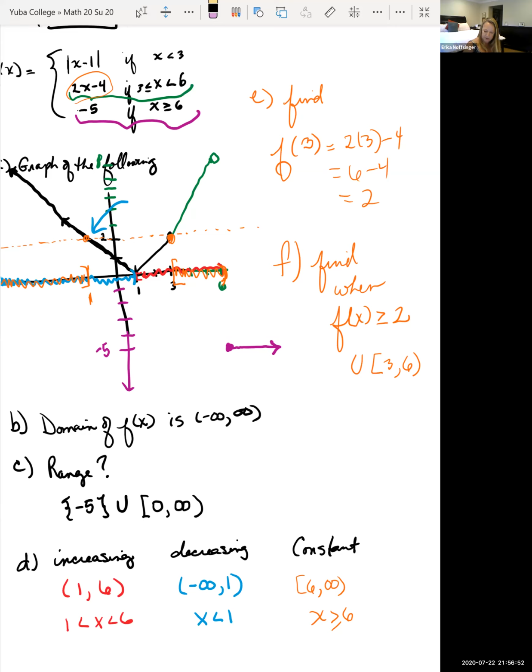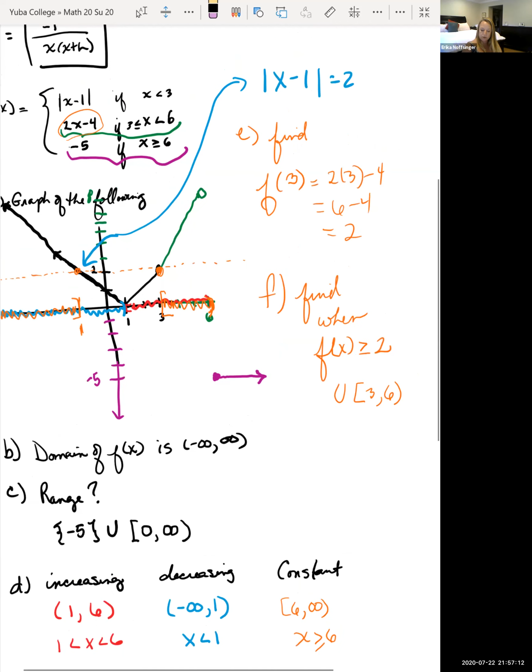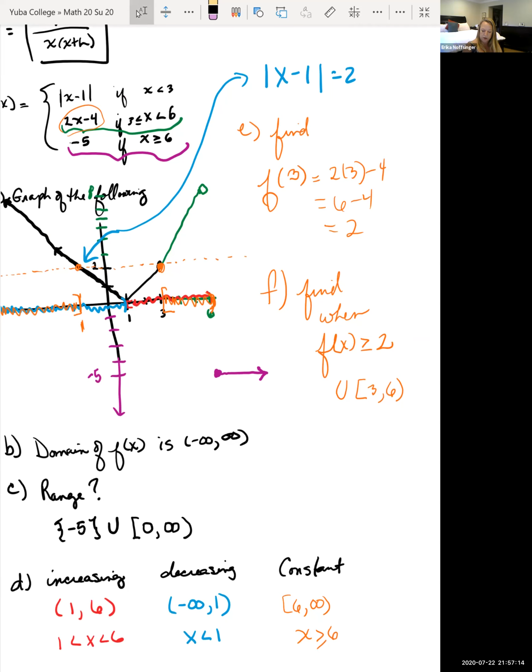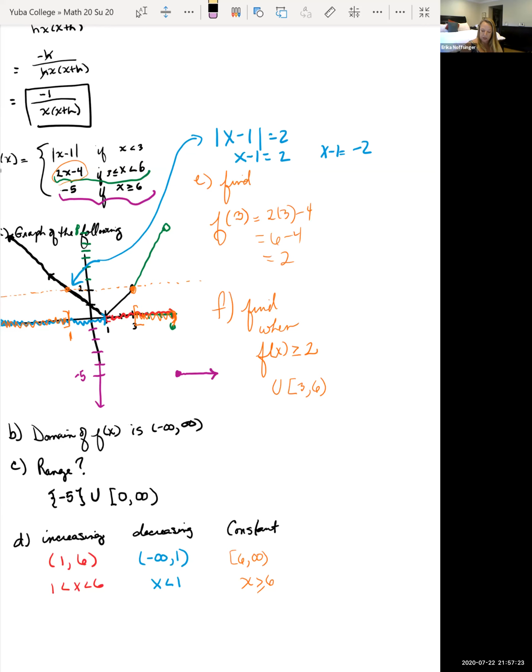Absolute value equations we solve a little differently. We first isolate the absolute value, and then once we've isolated it, we rewrite it as 2 separate equations. We write what's inside the absolute value equal to the other side, 2, and we look at x minus 1 equal to the negative of the other side, -2. And then we solve for them there.